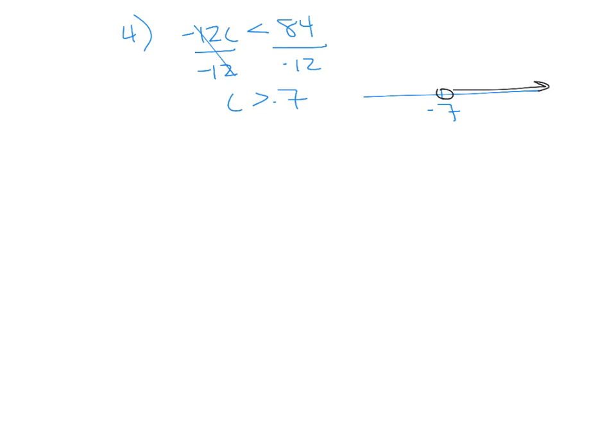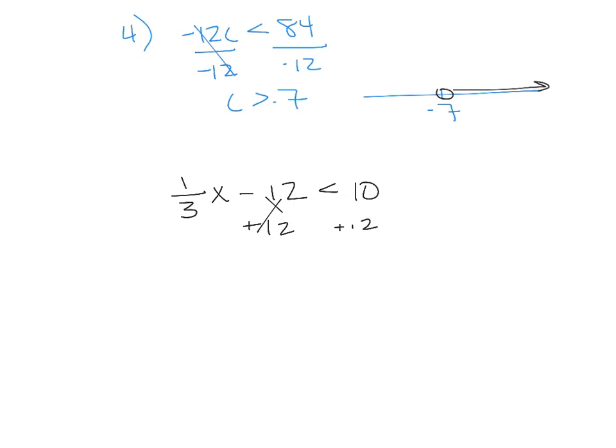Number 5, the difference between 1/3 a number and 12. Difference means subtract. So 1/3 a number looks like that, and 12. The difference, subtract, is less than 10. First step, add 12 to each side.